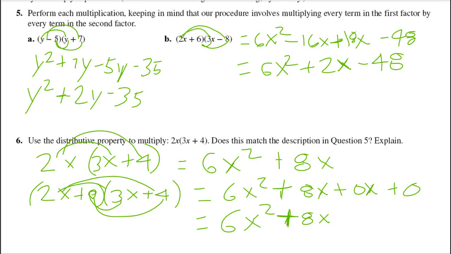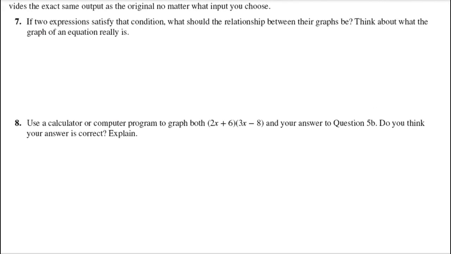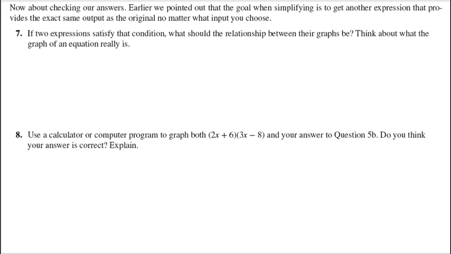So if I want to multiply every term times every term, the way I did it to begin with will work. Okay? Kind of an abbreviated version of FOIL, if you want to think of it that way. Okay. Go on to question 7. Restart the video once you're done.